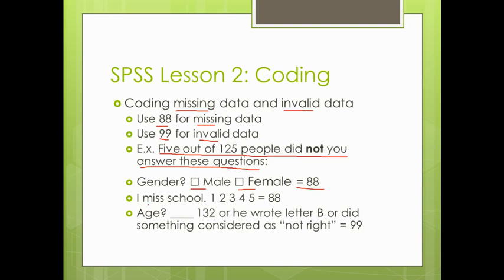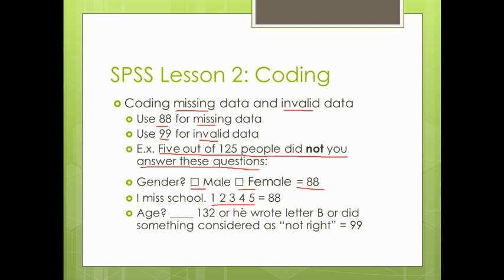Another item that is used for demonstrating how to code missing data and invalid data is the Likert scale item like this. I miss school, and 5 people fail to circle a number.